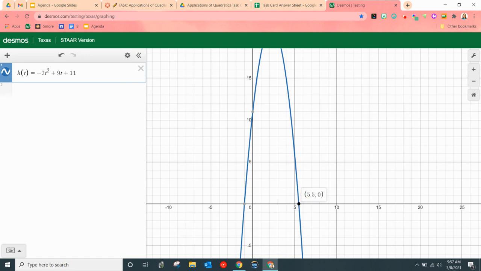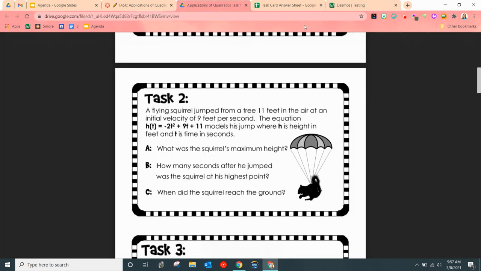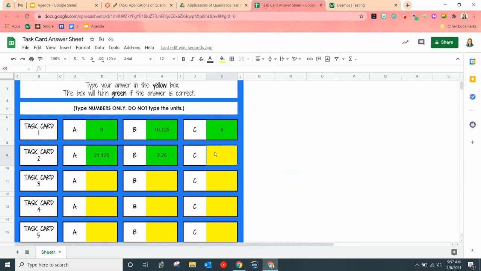But since this is talking about the ground, we don't jump and go below ground, right? He stops on the ground. He lands on his feet because squirrels are nimble little creatures. At 0 feet off the ground, he's touching the ground. It took him 5.5 seconds. So when did he reach the ground? Well, 5.5 seconds. That's a long flight for a little squirrel.